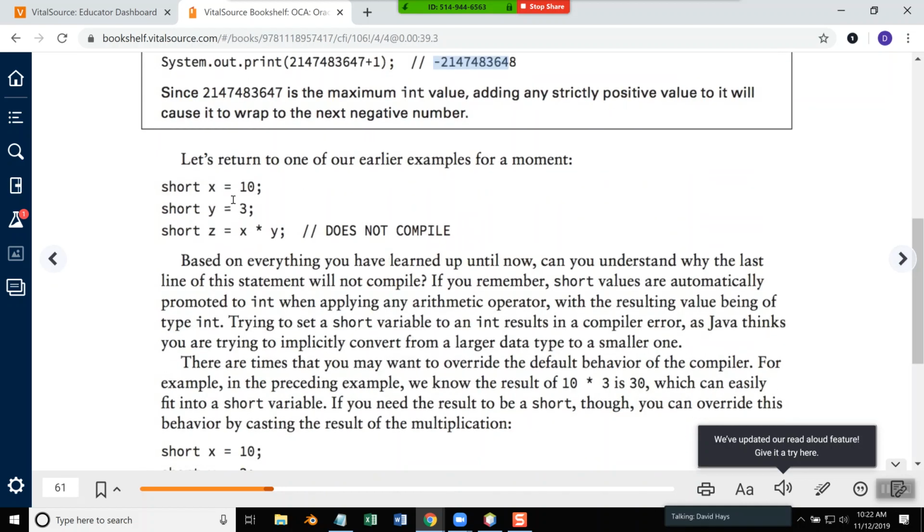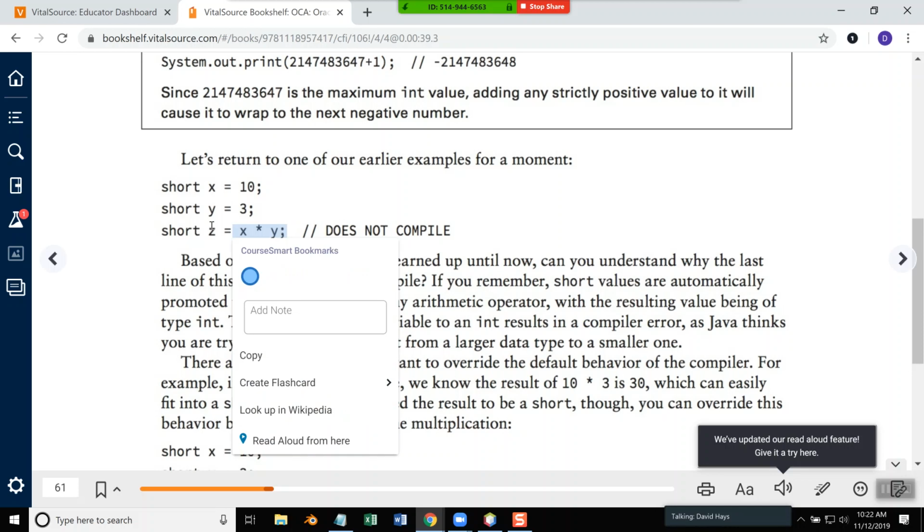Okay, let's see what's wrong with this. X is 10, Y is 3. It promotes those to integers, makes that 30, but then tries to take it back to a short.